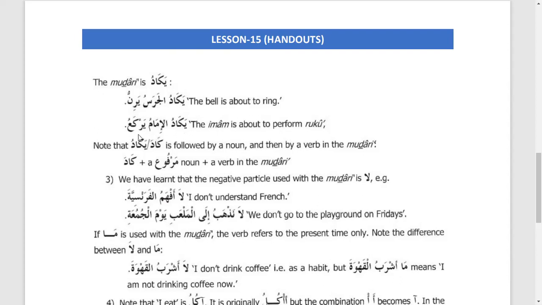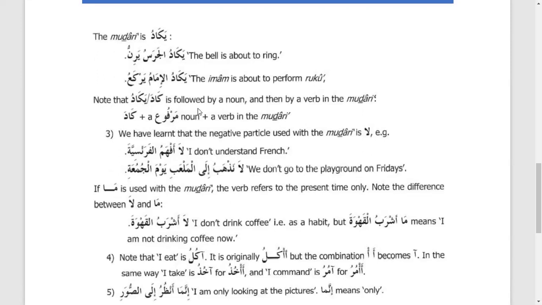Yakadul imamu yarkau, the imam is about to perform ruku. And the explanation is here, kada yakadu is followed by a noun and then by a verb in mudari. So it's clearly written that after kada or yakadu, the noun will be marfu and the tense will always be present.